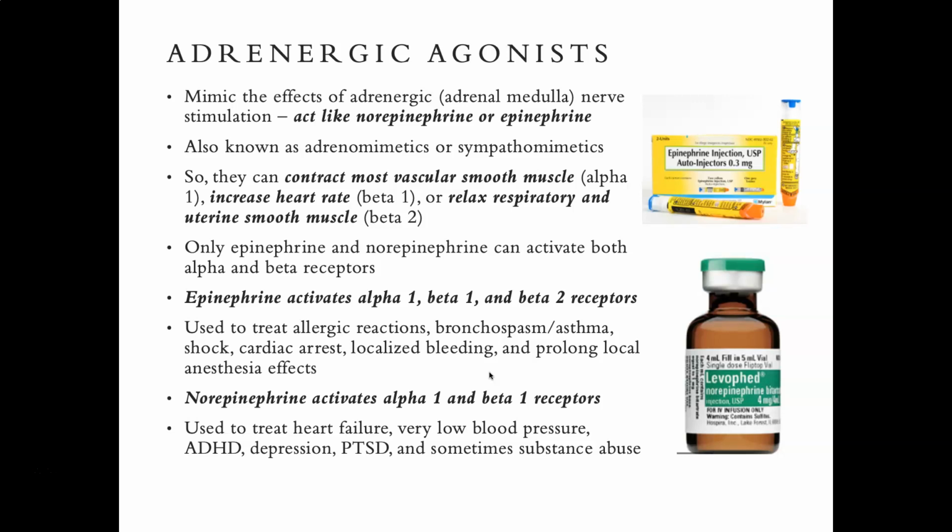So make sure in your mind, when you think cholinergic, you're thinking acetylcholine, and you're thinking muscarinic and nicotinic receptors. When you think adrenergic, you've got to be thinking this is going to be norepinephrine, epinephrine, or dopamine, and they're going to be looking for alpha, beta, or alpha and beta receptors. Okay, so make sure you know that.